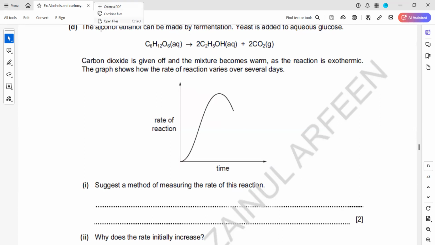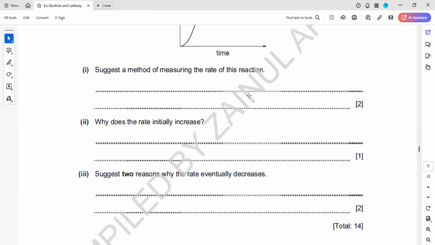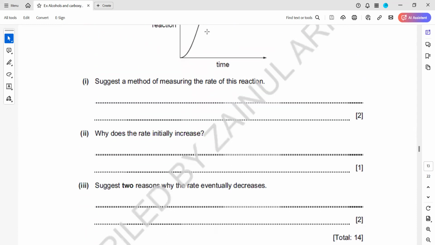Why does the rate initially increase? What is the reason why the rate is initially higher? Because the yeast is multiplying, the amount of yeast rapidly increases, or the temperature increases. And two reasons why the rate eventually decreases: this is a biological catalyst, and biological catalysts work only within a certain temperature range.